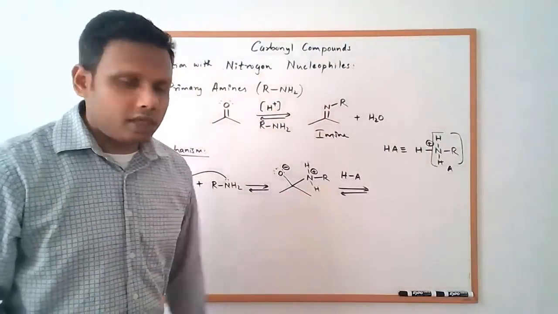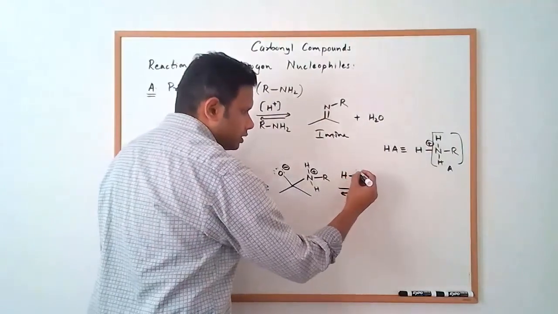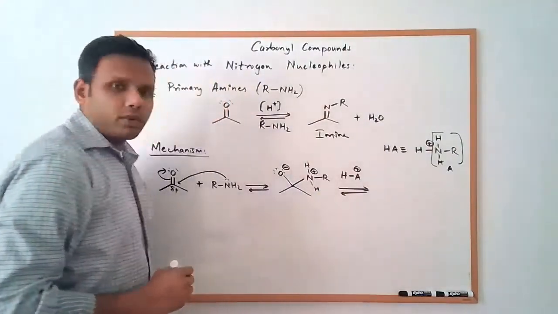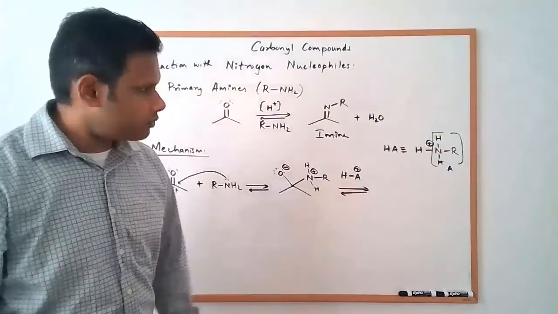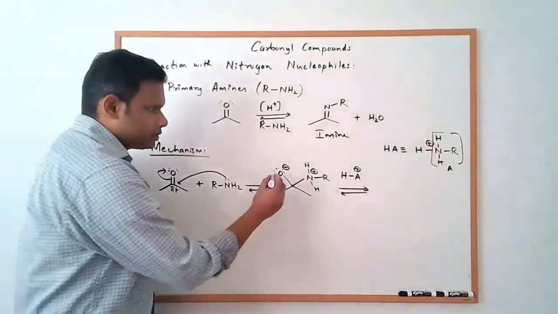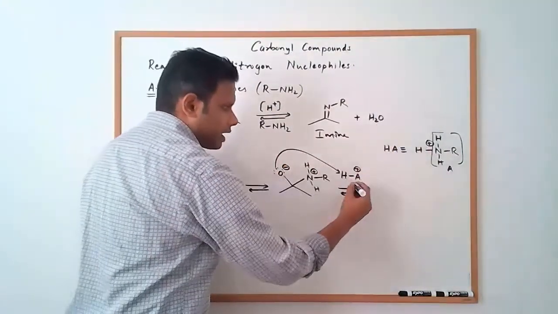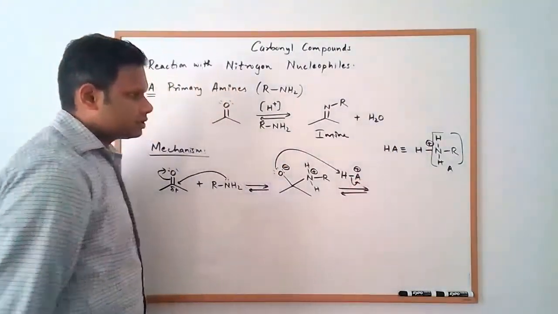That's what HA stands for here. And since this A has a positive charge, it's okay to actually put a positive charge on that. So that sort of represents our ammonium ion. So now from this intermediate, what happens is this oxygen gets protonated by the acid that's present in the system.